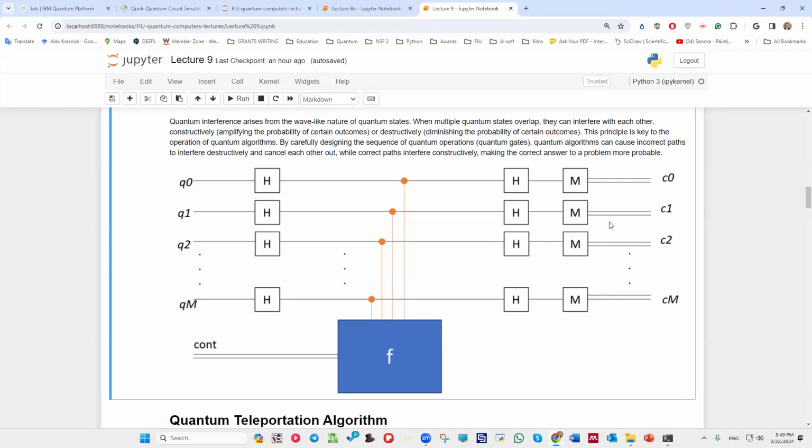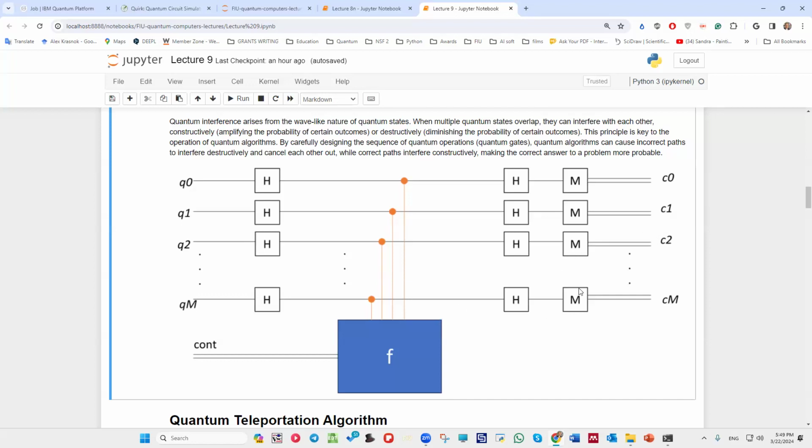So the idea is that, let's say you need to do some computation. The idea is to create an algorithm, namely this function f, that creates a very narrow interference. Very narrow means that the result comes out from one of these output channels. So for example, C2.